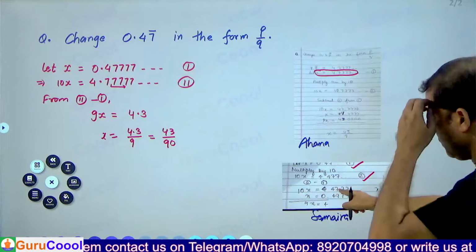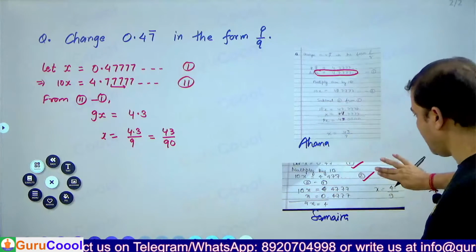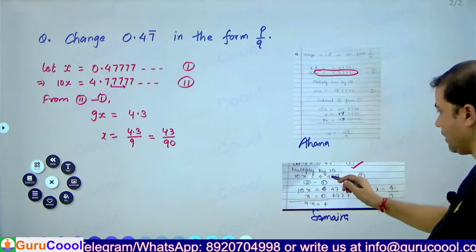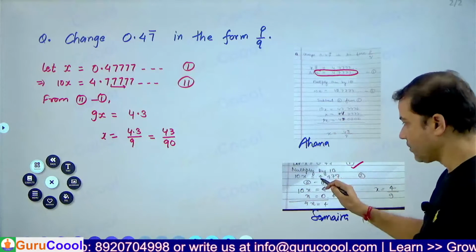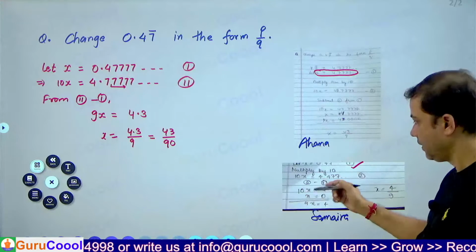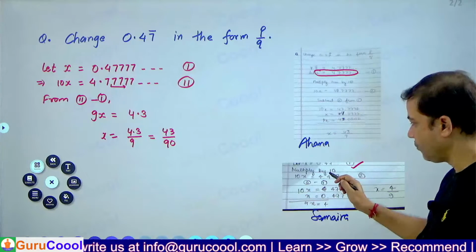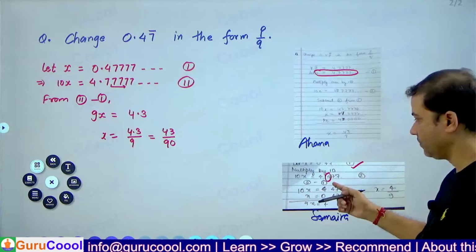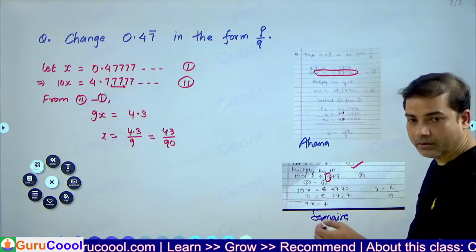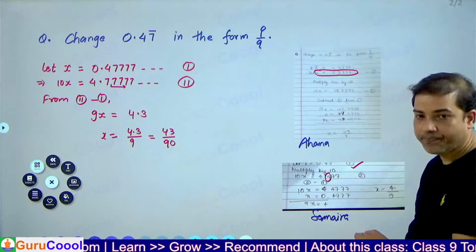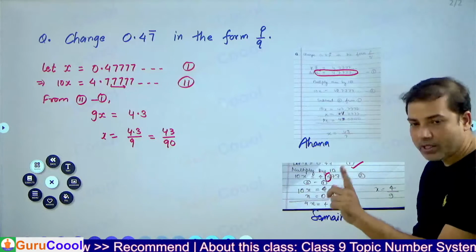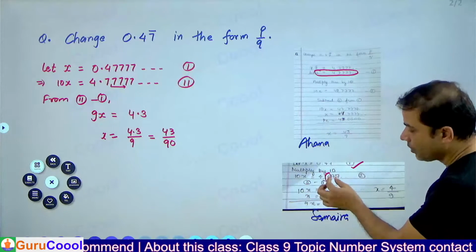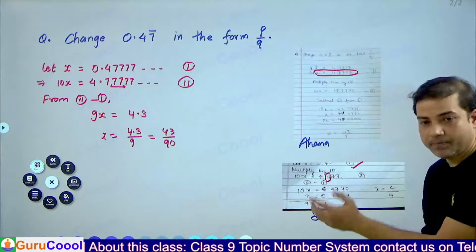No, second equation is wrong here, Samaira. See, when you have multiplied with 10, 4 came on the left side, right? But another 4 you have written on the right side as well. Did you notice the mistake? Yes. When you multiplied with 10, 4 went to the left side of the decimal. That's okay.